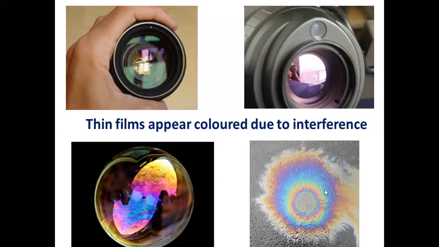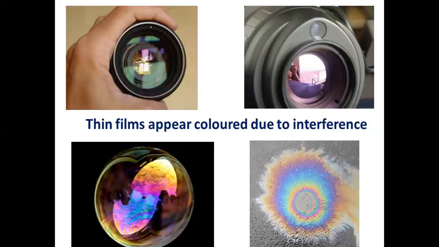That oil layer is a very thin layer, it appears colored, and because of multiple reflections and refractions, you get different sources of light. Some rays of light enter this oil layer and come out, and some rays are reflected from the top layer of the oil itself. So they have a path difference equal to the thickness of the thin film.